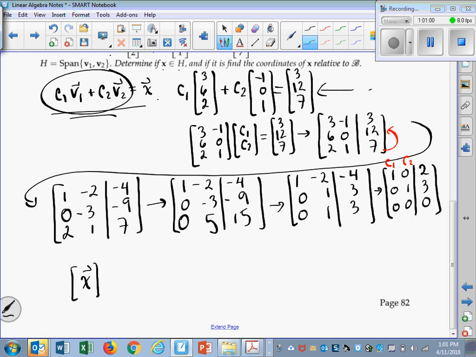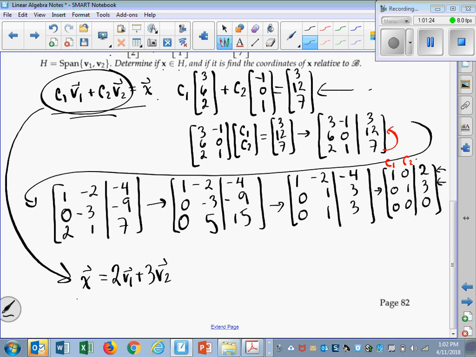I'm using this equation right here, bringing it down, and I'm using the c1 and c2 that we found right here in our row reduction. So what this tells me is the b coordinates of x. So I can now write x in terms of the basis B, is that what we called it? Yeah, B. So now the B coordinates of x are just 2, 3.